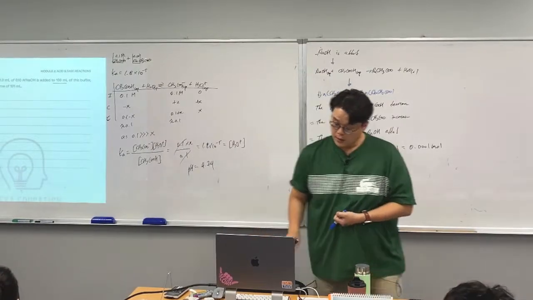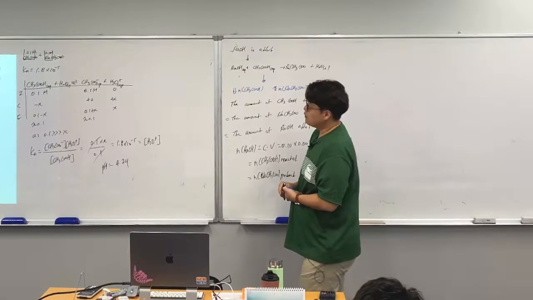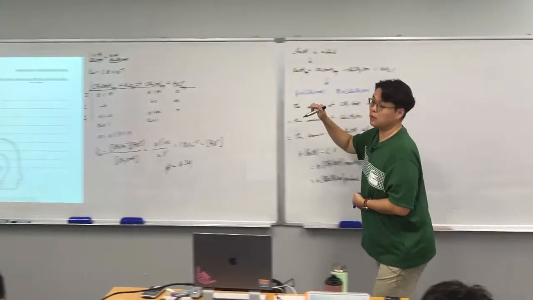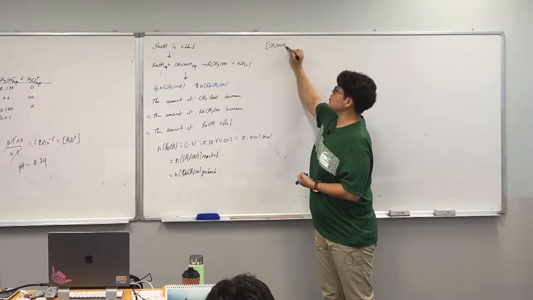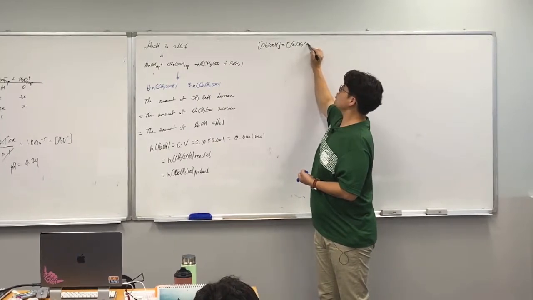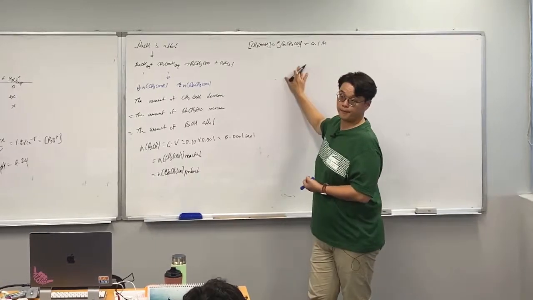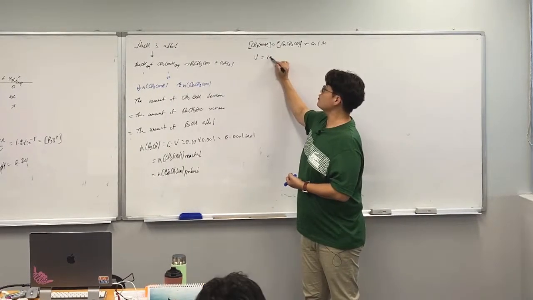Yep. Then it's a matter of how much of the sodium acetate we are given. The concentration of the acetic acid in the previous solution is the same as the sodium acetate, because we designed them to be the same concentration, 0.1 molar, and the volume is 100 ml initially.